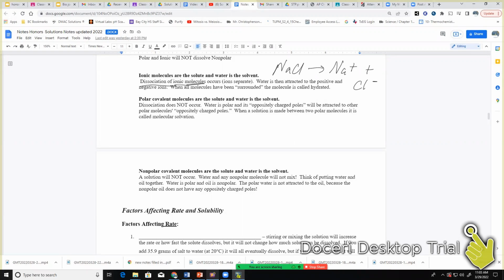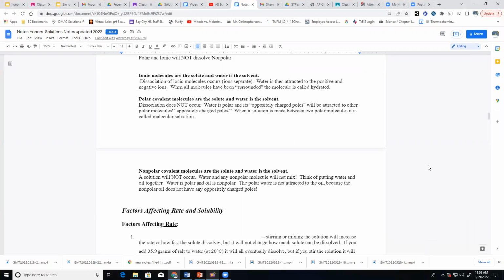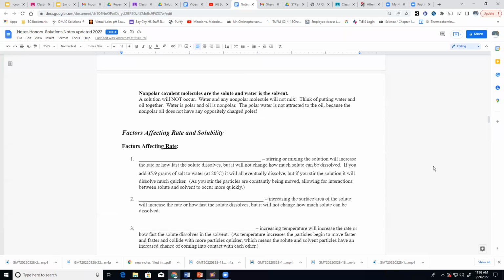If it is a polar covalent molecule, those do not ionize, but they have a positive side and a negative side, or oppositely charged poles. So there's still something for the water to be attracted to. And then the last one would be if water cannot dissolve it.